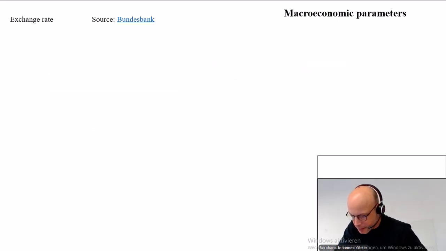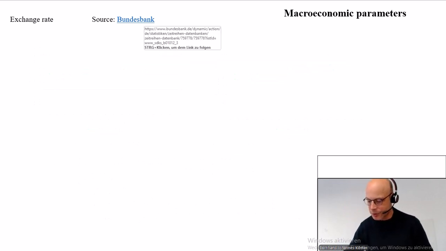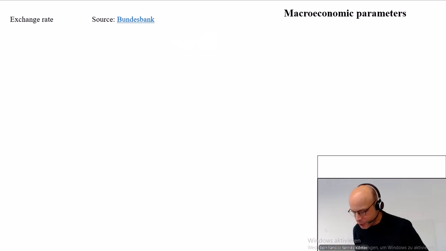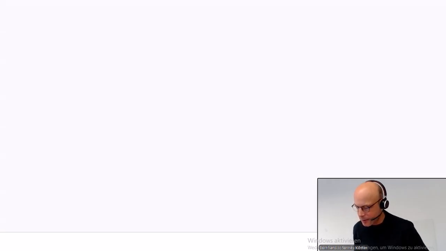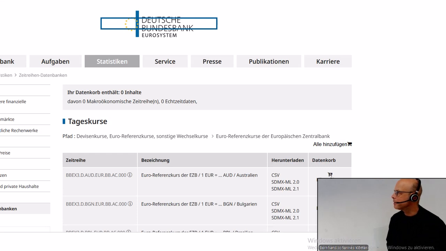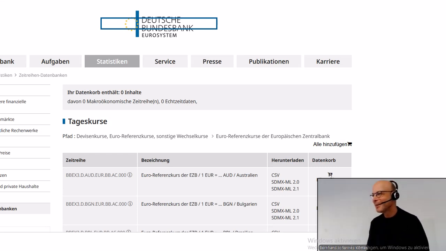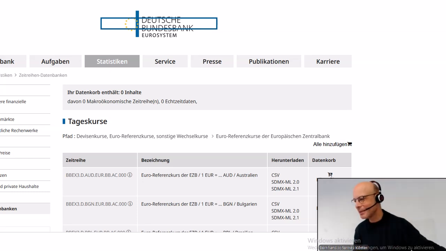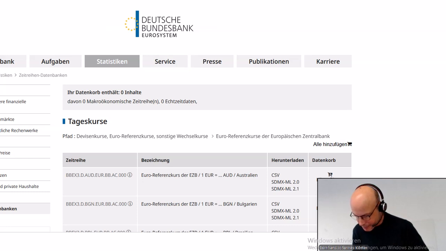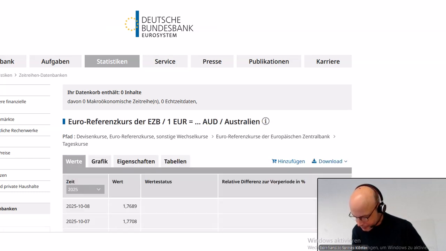So, next one, exchange rate. Well, there we have to choose the euro for Germany. I think I gave to everybody a country which does not have the euro, so that you really can think about a singular monetary policy. So yeah, this is monthly data.